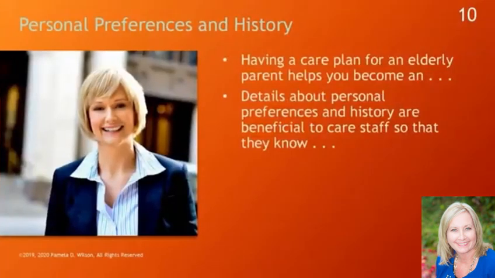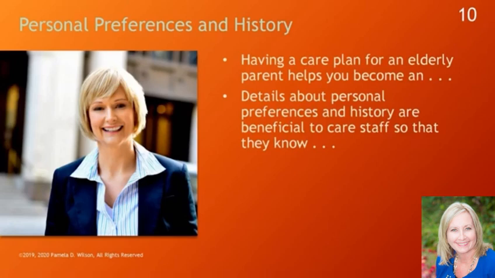You also want to document personal preferences and history. The details of your elderly parent's personal history are important. The care plan is the beginning of helping you become an advocate for an elderly parent. All of this personal history and these preferences are essential when your parent is hospitalized, in a nursing home, or in a care community.